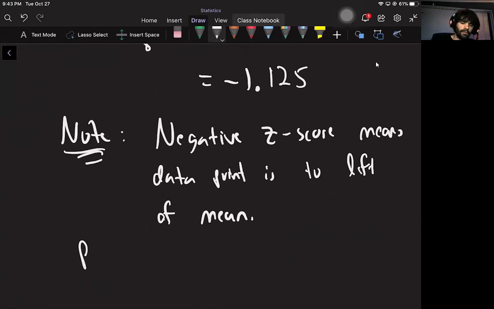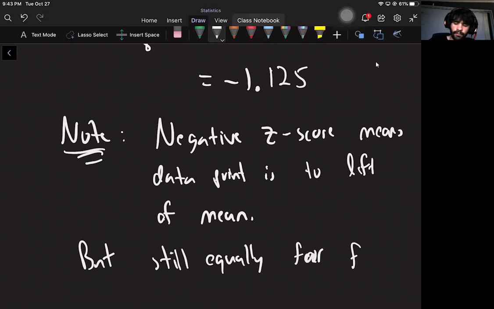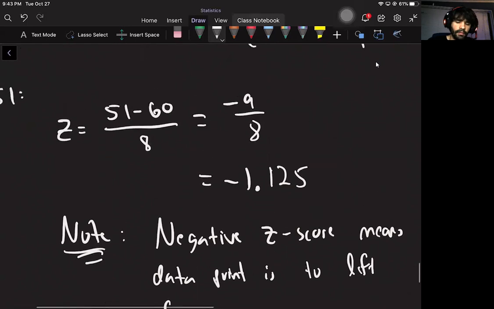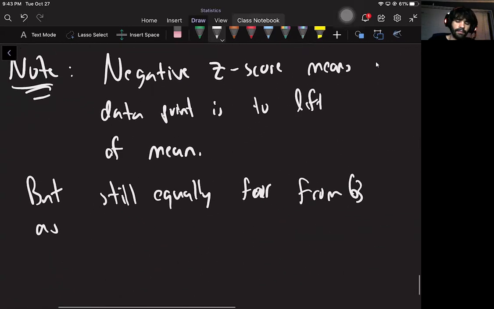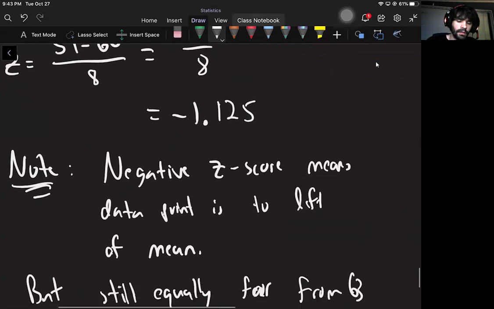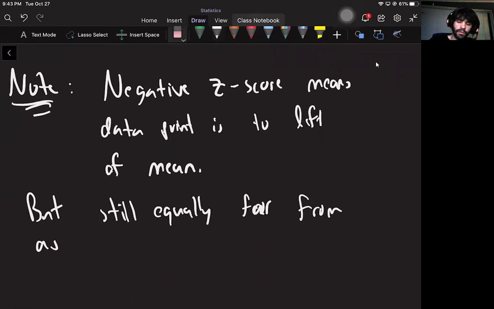So for example, you would still think of it as equally far from 63 as, let's see, as 69. Sorry, not 63, 60 is the mean. Oops.